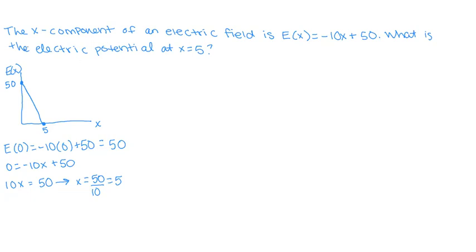Okay, so now we can start solving this. We know that V as a function of x will equal negative of the integral of E of x dx. So using our new knowledge, we can just integrate this function and that will give us V of x. Since also we want to look at this at x equals 5, we want to integrate from the y-axis to this point.